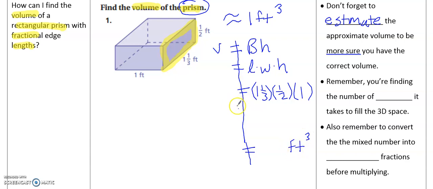Now to multiply this, just like we did way back earlier in the year, let's convert this mixed number into an improper fraction. I'm just going to use dots now, times 1/2 times 1. Now the 2 and the 4 cross cancel. The greatest common factor of 2 and 4 is 2. I divide both 2 and 4 by 2. I get 1 and 2. 2 times 1 times, well, is this in the numerator or the denominator?